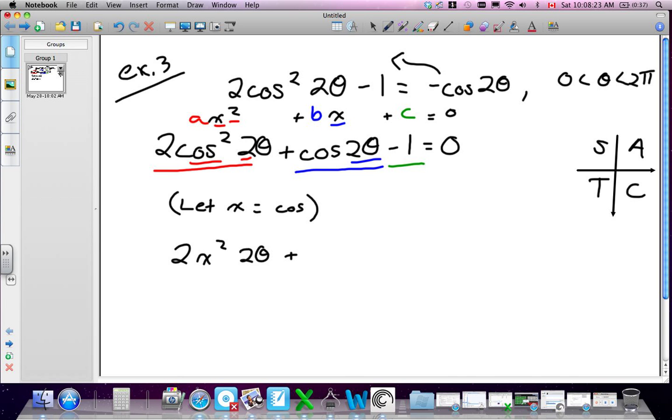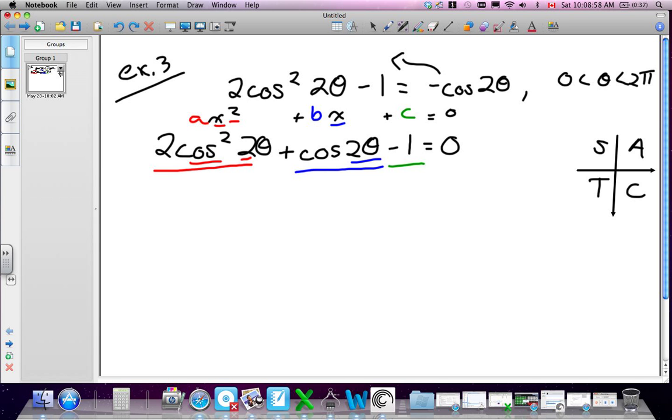I wanted to make it 2 theta. But anyways, it's the same idea. Essentially the idea here is I've gotten rid of the cos. I'm now dealing with x squared and an x. I should have done the 2 theta, but the whole idea is making it simpler to look at, so it looks a lot more like a quadratic. So we can get rid of that part for now. That's one way. If you ever get stuck with these and you're not sure where to go, you can set something equal to x so that it looks a lot more like a quadratic expression.